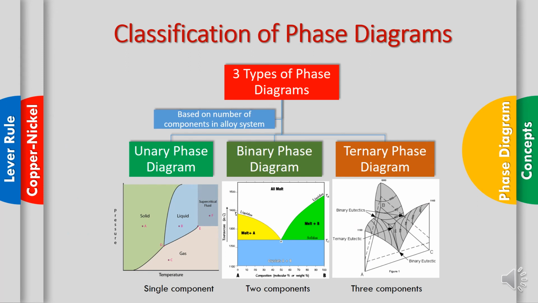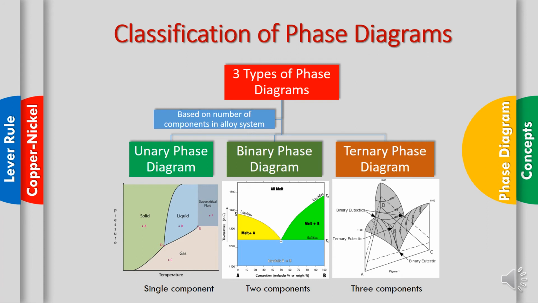So the next slide is a classification of phase diagrams, whereby we have three types. Basically the three types of phase diagram are based on the number of components in the alloy system. For a single component, we call it the unary phase diagram, whereby the x, y axes are pressure and temperature.